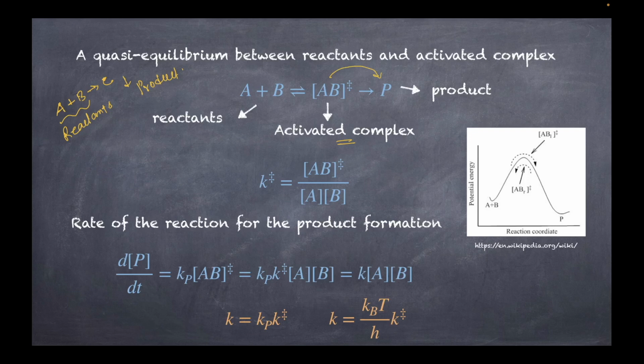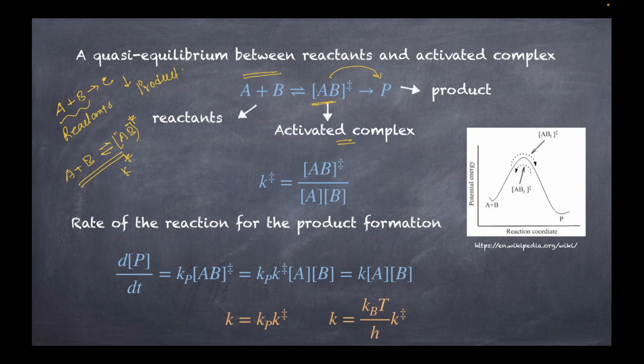And in TST or transition state theory, we actually assume that there is a quasi equilibrium between the activated complex, that means AB double dagger, and the reactant molecules A and B. So there is an equilibrium between the activated complex and the reactant molecules, and let's say the equilibrium constant for this reaction is K double dagger.